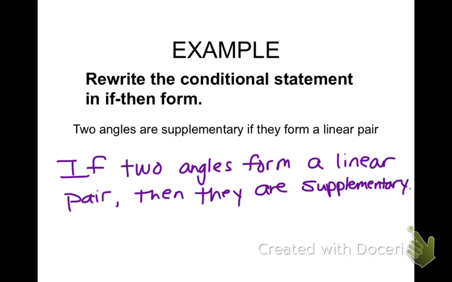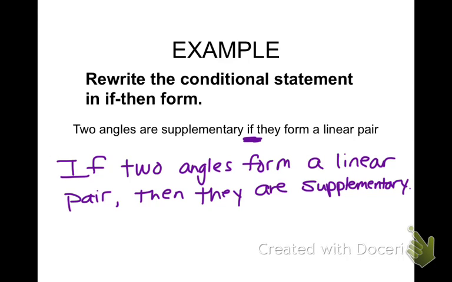Okay? So again, this one was a little bit easy because of the word if. It was already in there, so I kind of already saw where my hypothesis should be. If you're talking about the definition of something, the word that you're defining should always be your hypothesis. Okay? So if it said something like right angles measure 90 degrees, I would say if an angle is a right angle, then it measures 90 degrees.